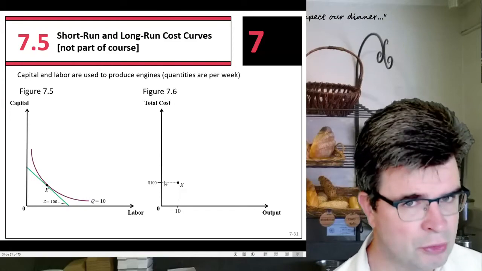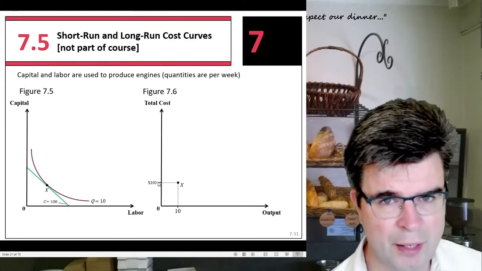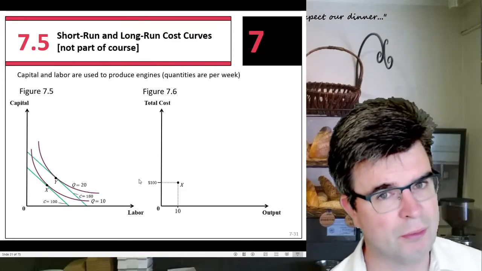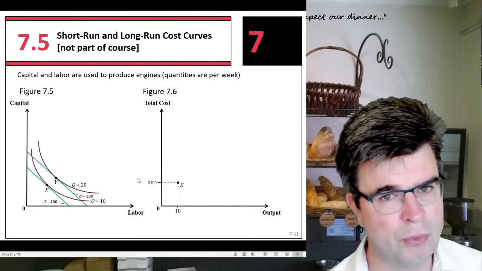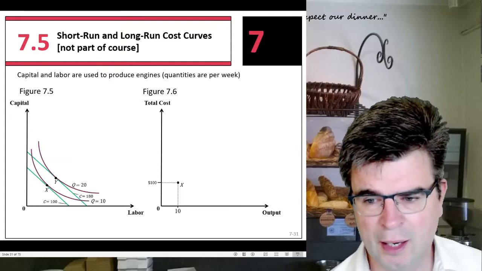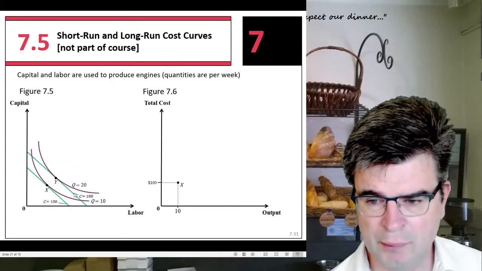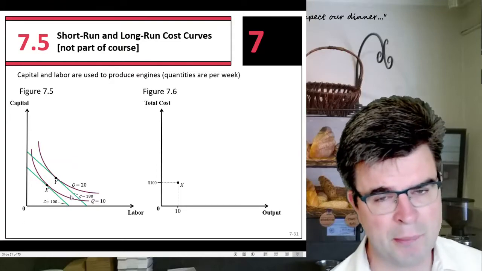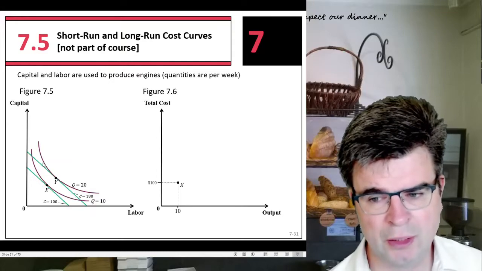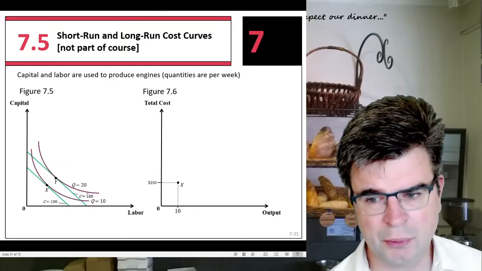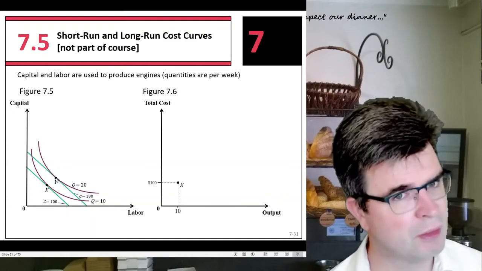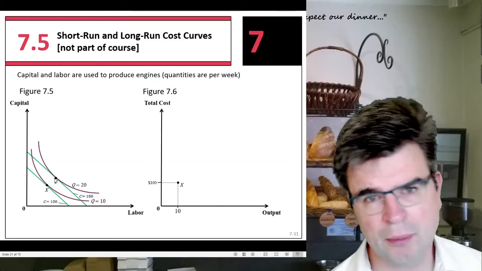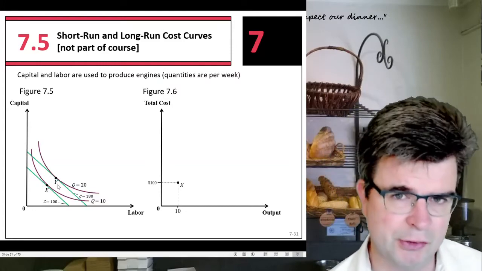Of course, we can also do this for different quantities of output. So for example, take what our outlay is if we want to build 20 instead of 10 engines. If we again minimize the cost, taking the point where the iso-cost line is tangent to the isoquant associated with an output of 20, we reach point Y, a certain combination of capital and labor, with a price to capital and a price to labor.